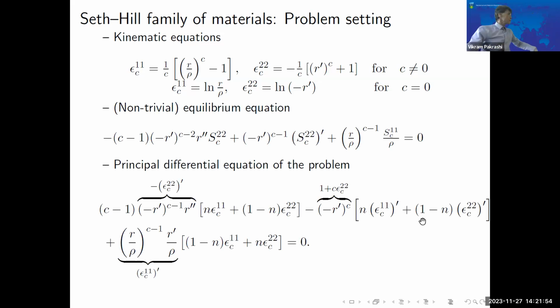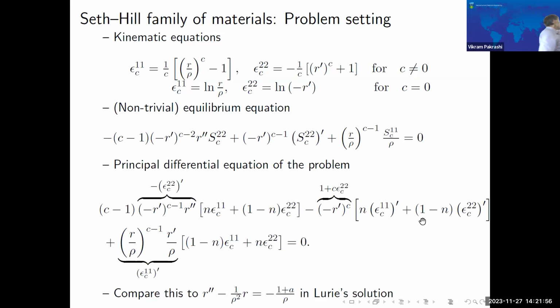I just want to stress the difference between the differential equation of the problem set up for the whole class of materials and contrast it to the one that was obtained by Lurie for just the material in which we have the linear relationship between the Biot strains and the Biot stresses. So the difference in complexity is more than obvious.